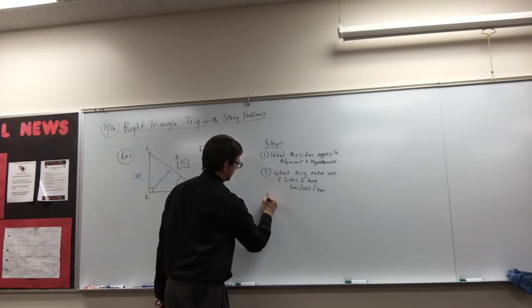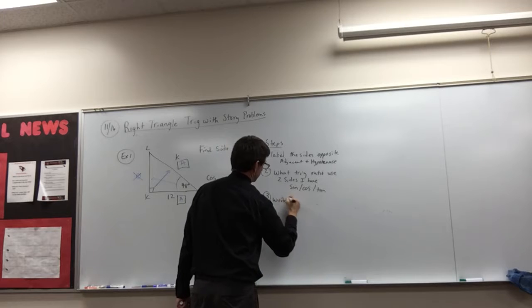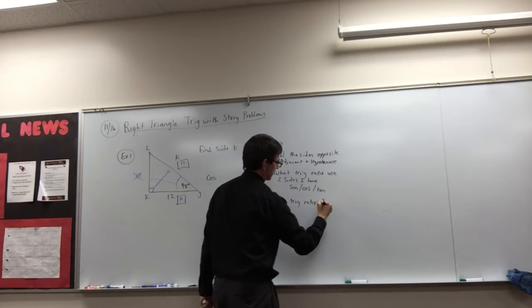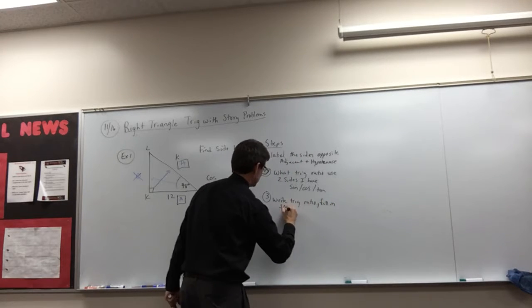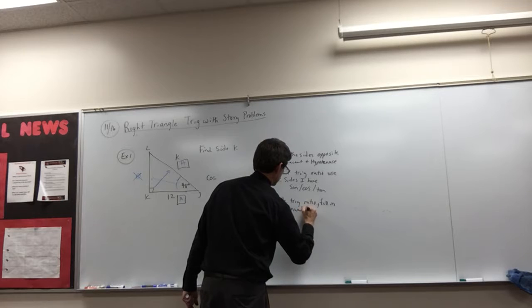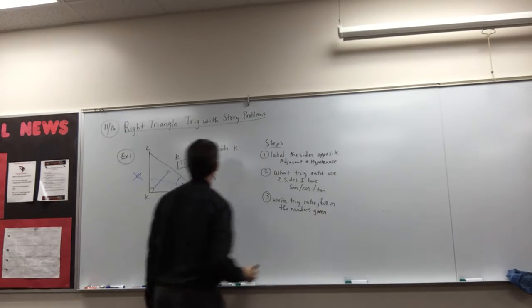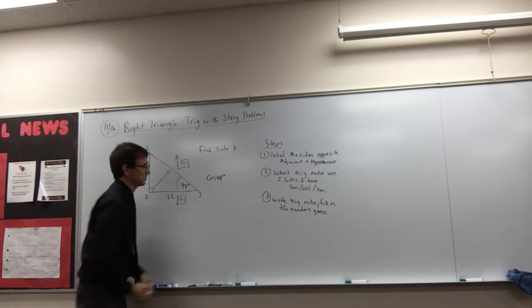Now, after you figure out which one it is, you write the trig ratio, filling in the numbers that you're given. In this case, the 48 is our angle, so that goes next.